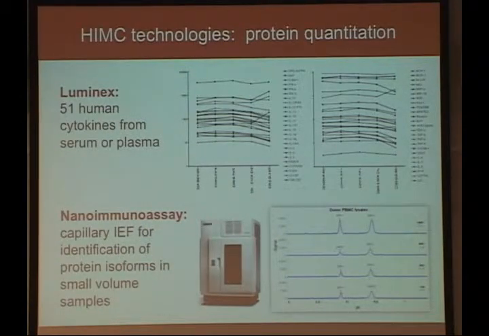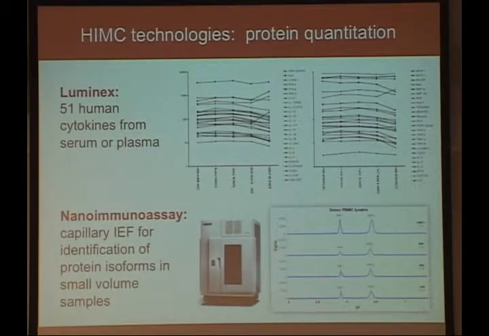It could be phosphoisomers, or it could be other kinds of modifications that change the PI of the protein. And so you can detect those as peaks, and you can look at phosphorylation, for example, in that way. And it's very useful for small volume samples. You can lyse down to, believe it or not, a single embryo and get a signal on this instrument. So we've actually done a project where we looked at single mouse embryos.